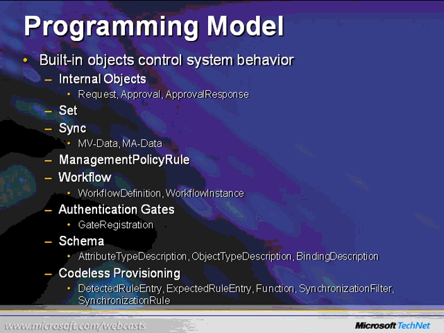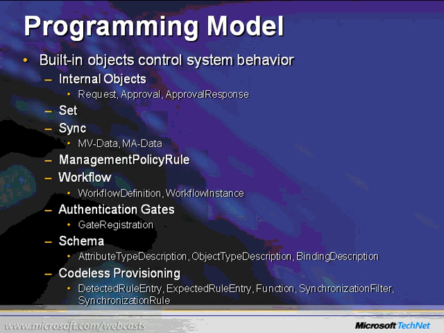Now you may be wondering that if the API is this simple, where all you can do is create, read, update, and search for objects, how do you actually accomplish anything? So how do you provision objects, or how do you run workflows and perform all these interesting scenarios? Well, in ILM we ship some out-of-the-box objects that are special to the system, the configuration objects. These objects manage the way that the system behaves.